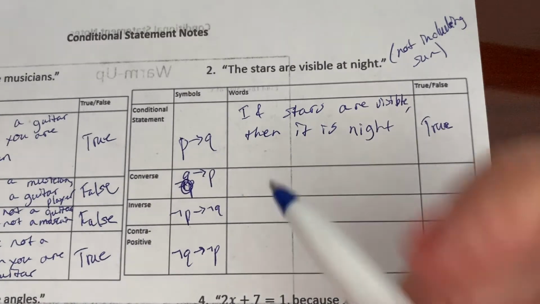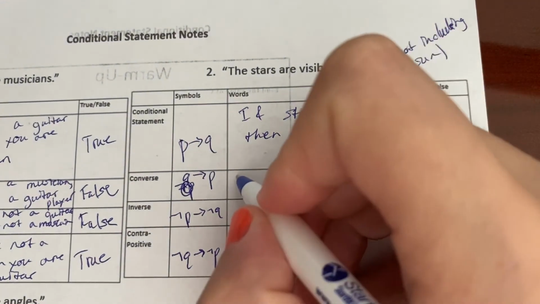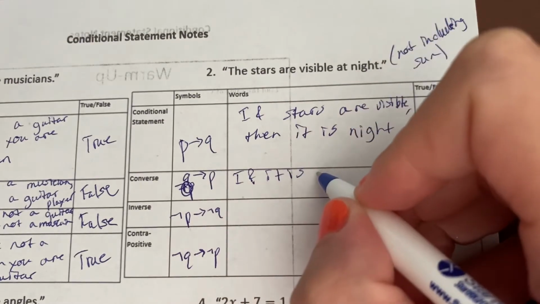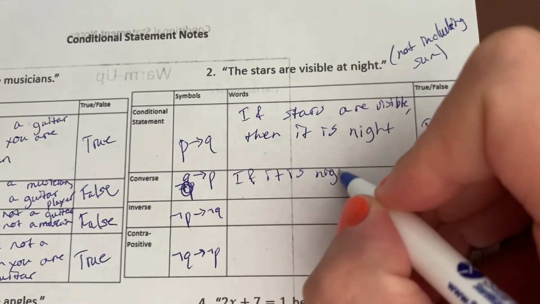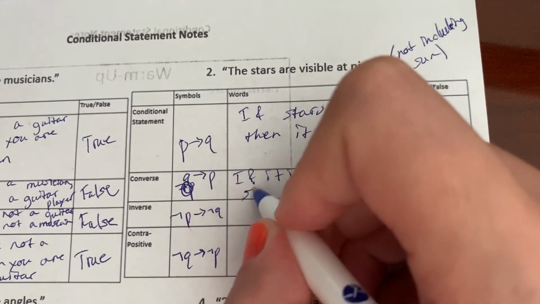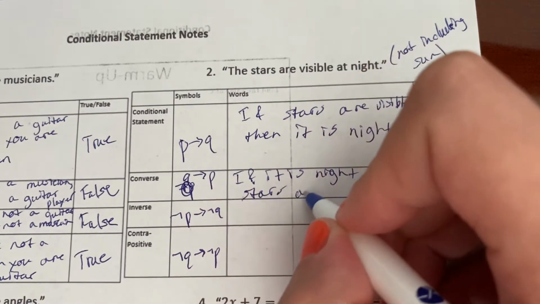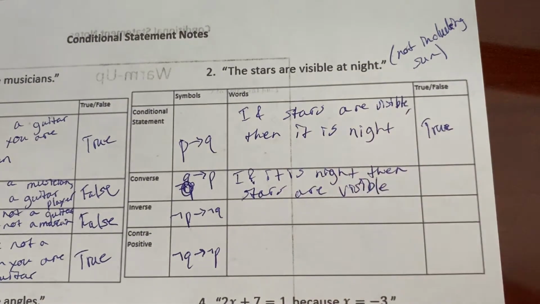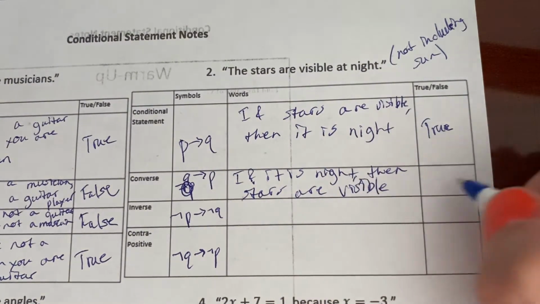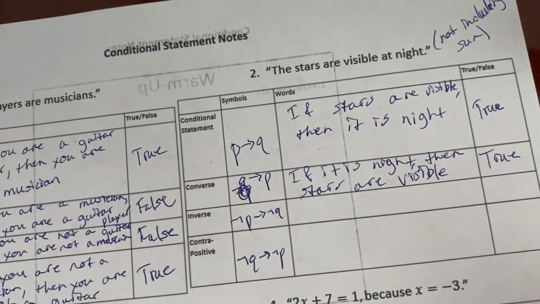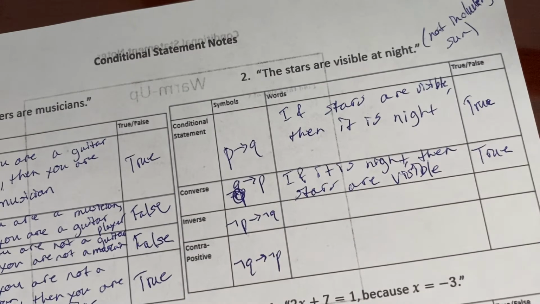Okay, so that's true. The converse is if it is night, then stars are visible. I think that's true, for the most part.